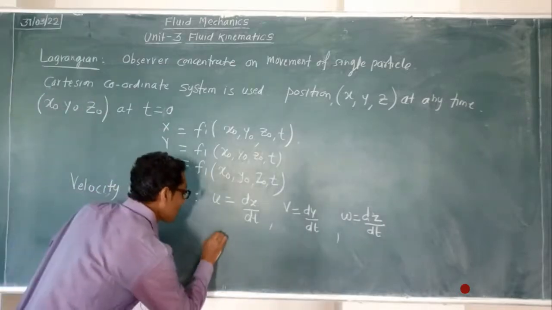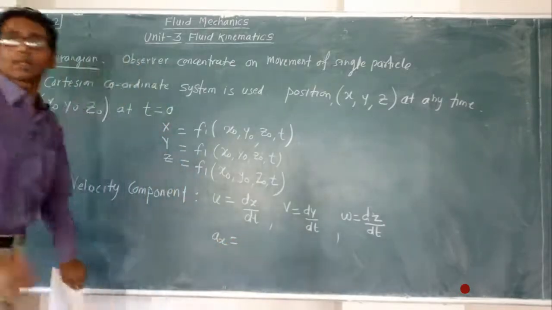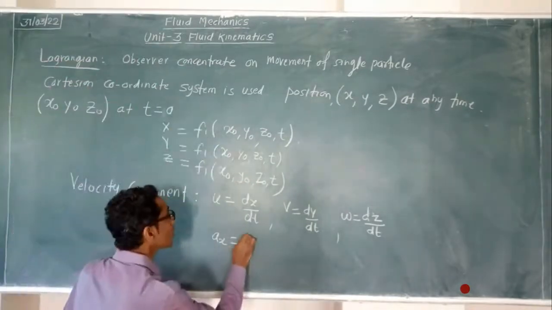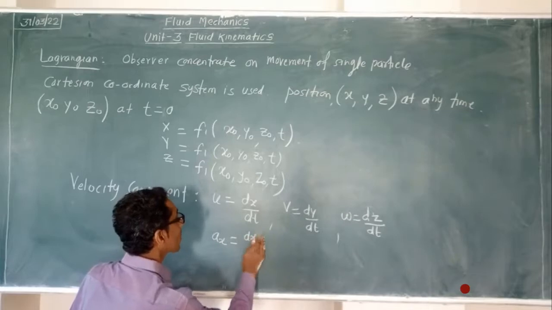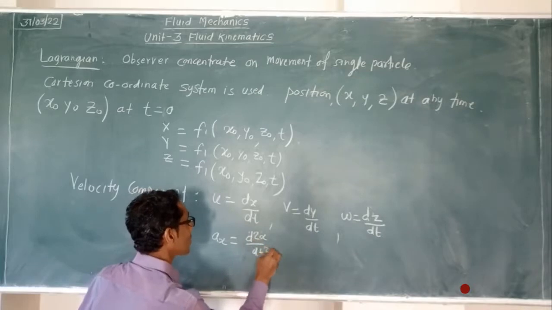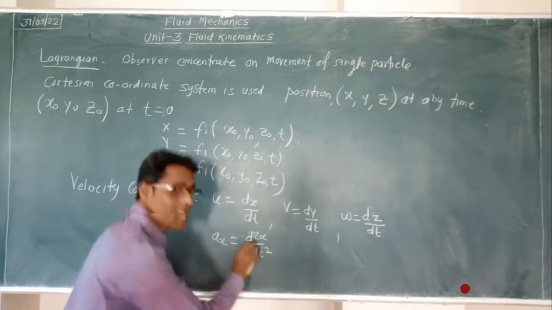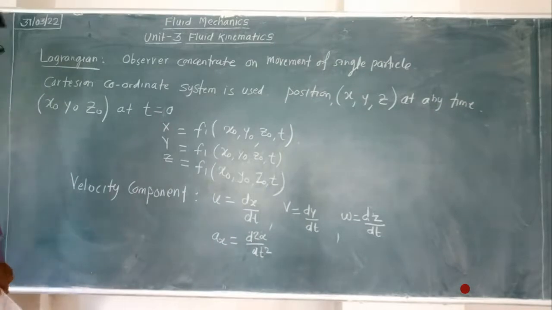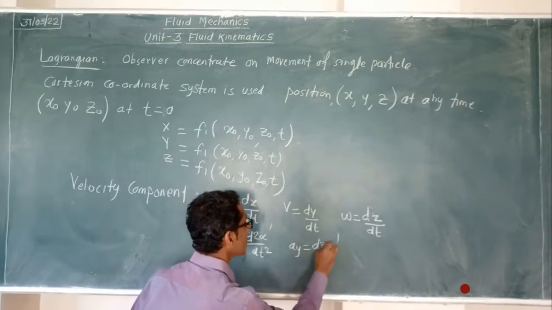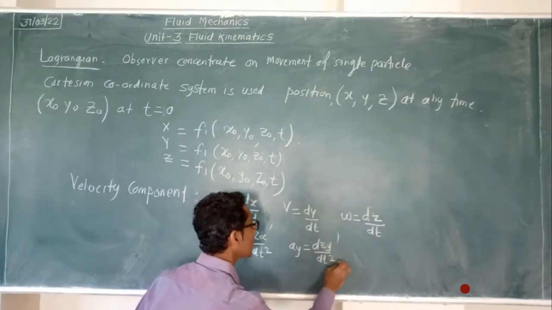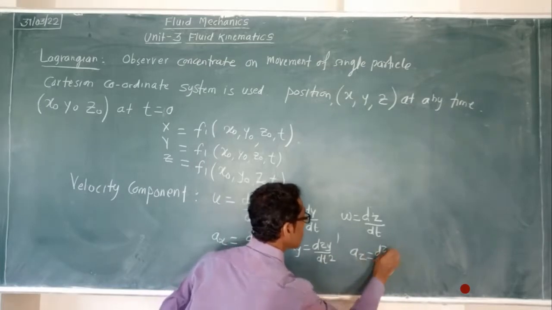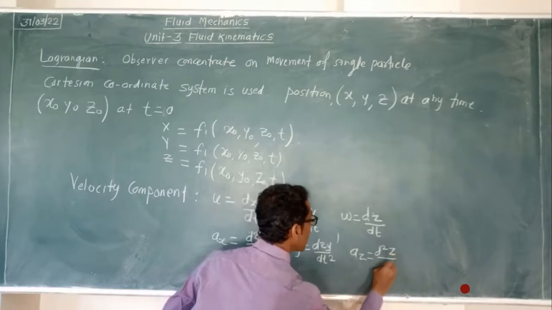Similarly, acceleration means change in velocity with respect to time, so here the double derivative d square x divided by dt square along the x direction, that is ax, the acceleration component. Similarly ay is d square y upon dt square, and az means d square z divided by dt square.